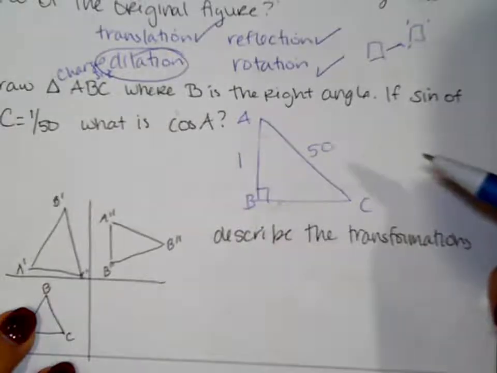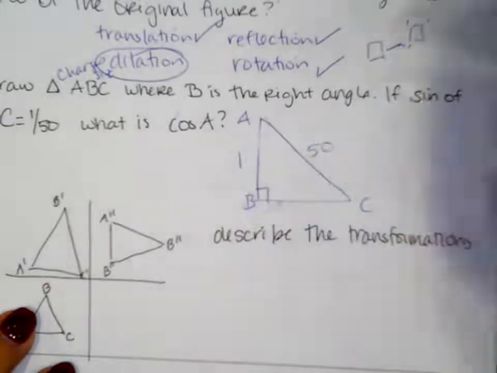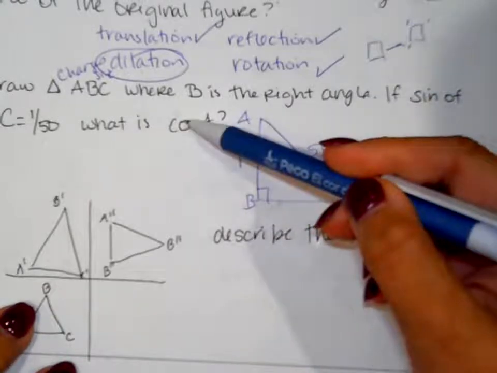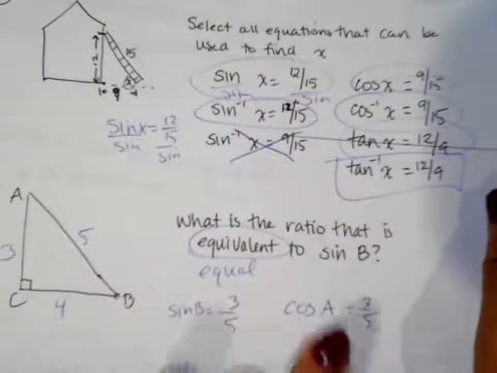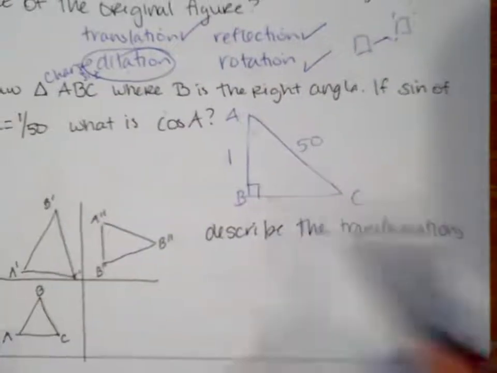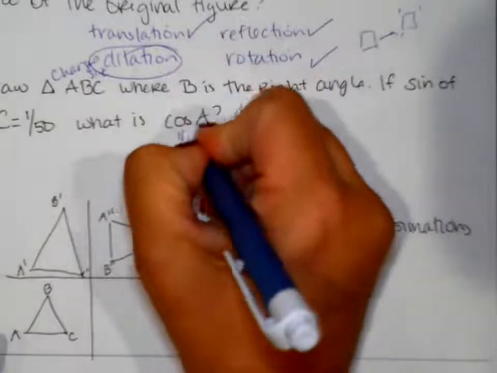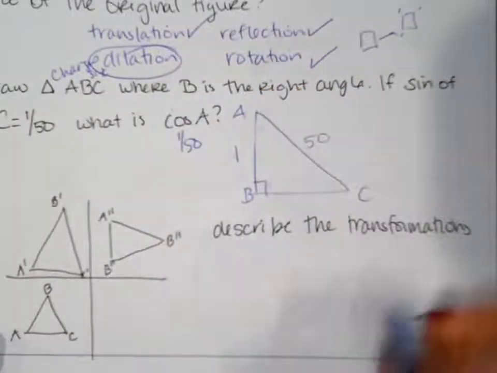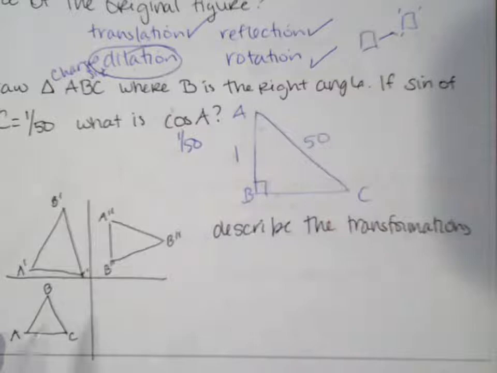Cosine of A is the same. Remember, this goes back to the same question that is right here. The sine of one angle is the cosine of another. So the cosine of A is just going to be the same one. It's still 1 over 50. The sine of one angle is the cosine of the other.